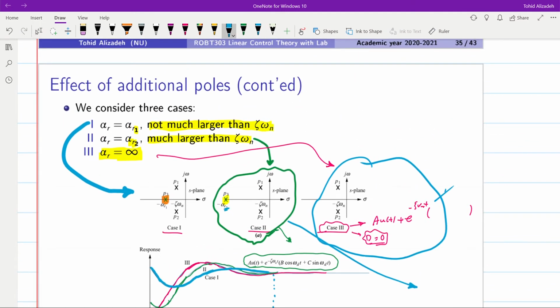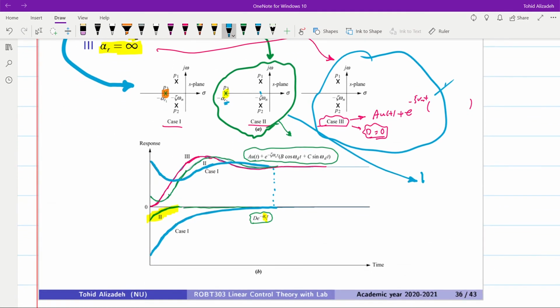So having this in mind, we can say that for case 2, when the additional pole is far away from the two complex poles that we had, we can approximate it as a second order system, if the additional pole is far enough from the main ones.